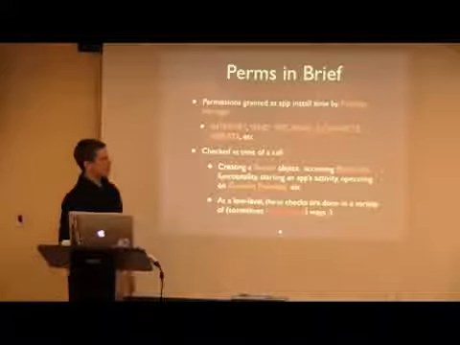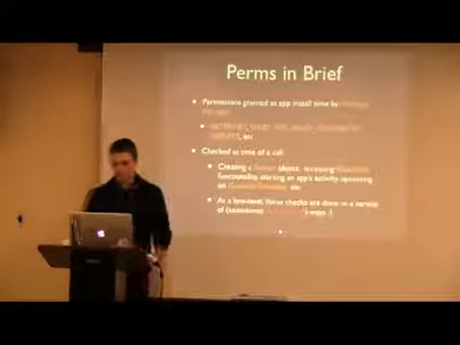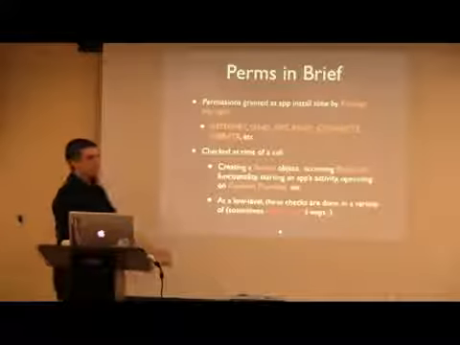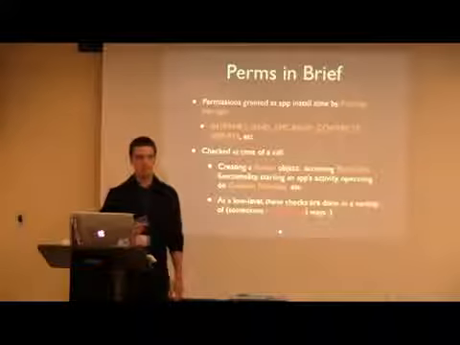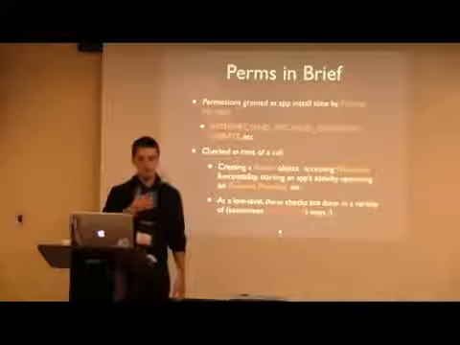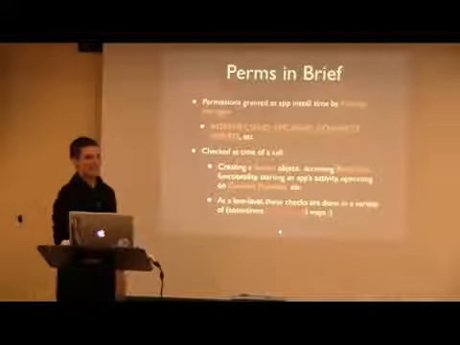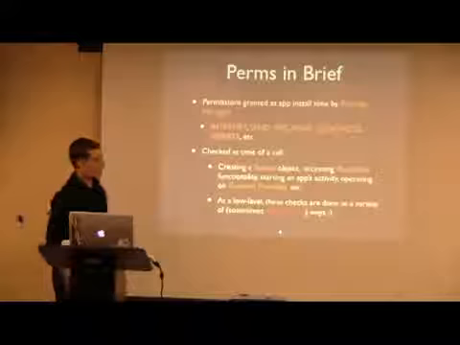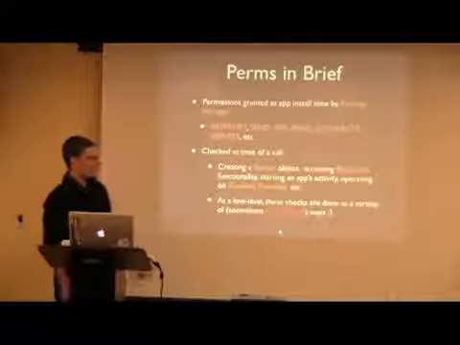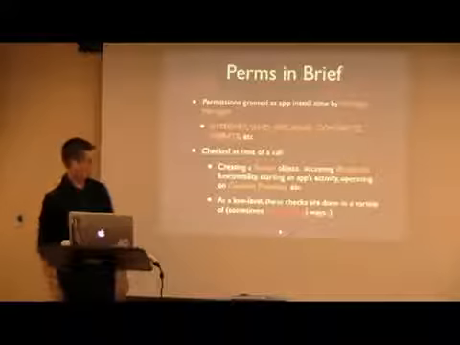So these include things like internet, send SMS, read contacts, vibrate, which my phone just did, etc. And typically these permissions are checked. The bearer of these permissions, being the app that's calling some function that requires this permission, that permission is checked at the time of a call. What we're going to see throughout this presentation is that these checks are sometimes done in an inconsistent way, and we'll give you a few examples of those.